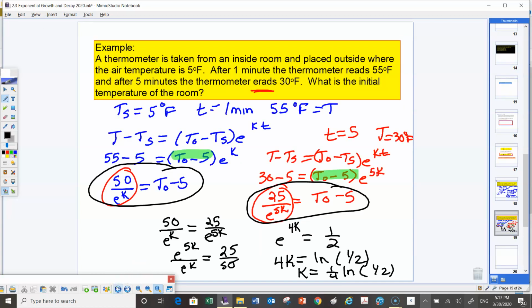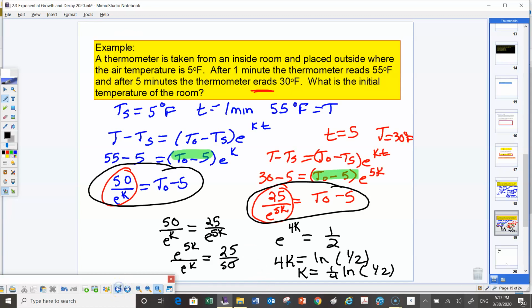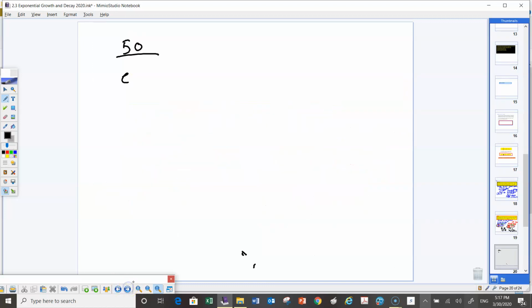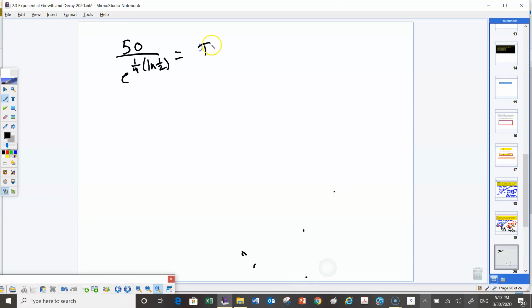So I'll use the one on the left here, so 50 divided by e to the k, and we said k was 1/4 ln 1/2. So 1/4 times ln 1/2. And this equaled T0 minus 5.